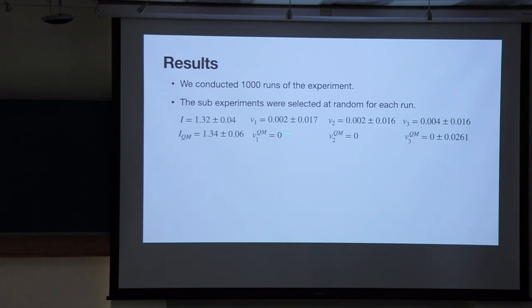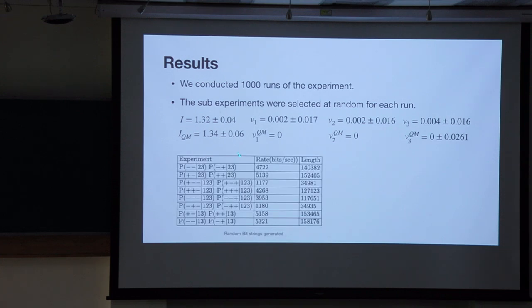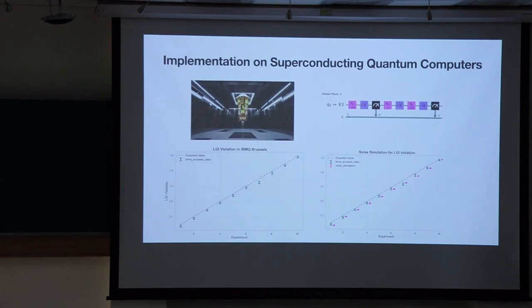And the three NSIT conditions are satisfied up to a tolerance of 10⁻². There were 8 parts of the experiment, and we generated different lengths of random bits at different rates. The final result was that we generated 9 lakh random bits at a rate of 3865 bits per second.